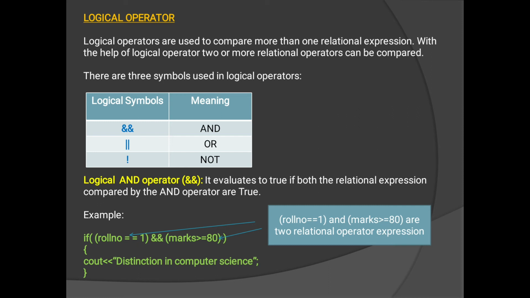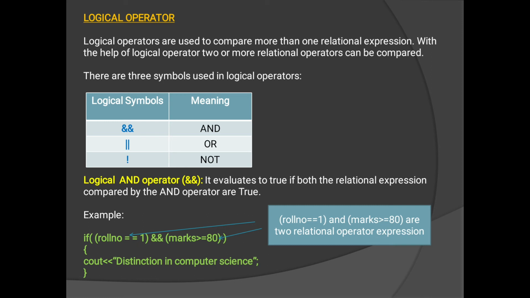So what is the logical AND operator? The logical AND operator evaluates to true if both the relational expressions compared by the AND operator are true. You can see in this example, the ampersand is written between both the relational expressions. There are three parentheses.